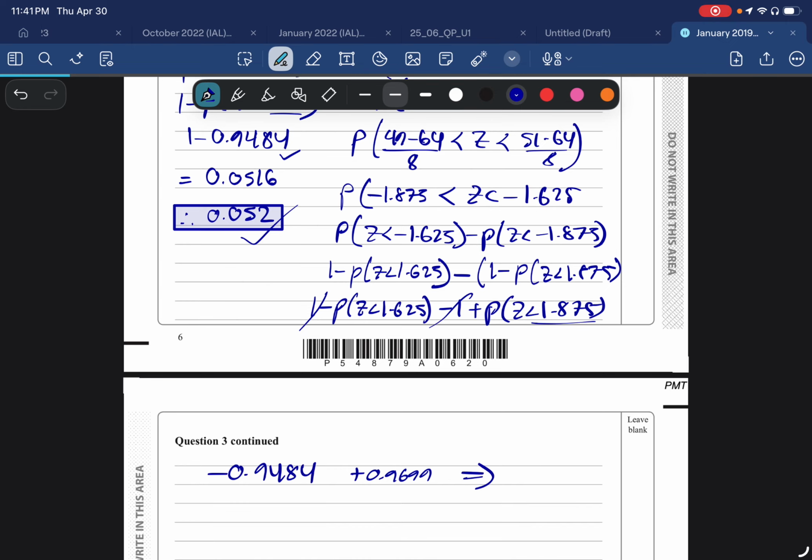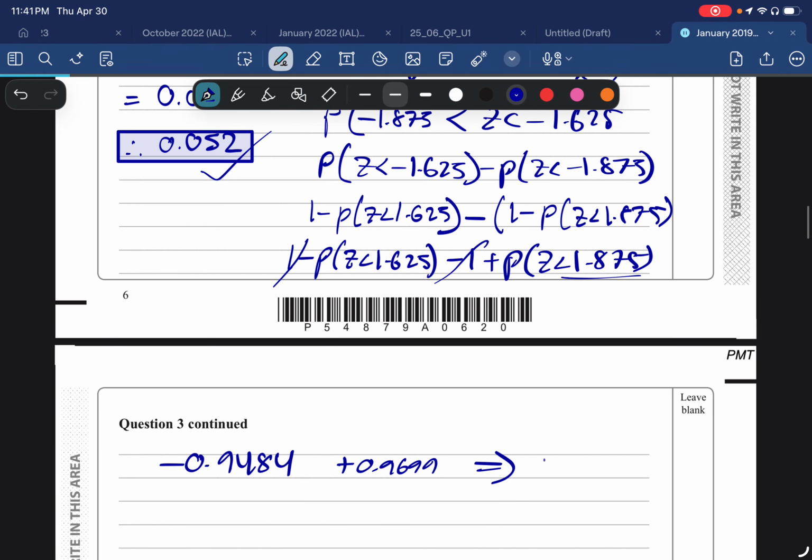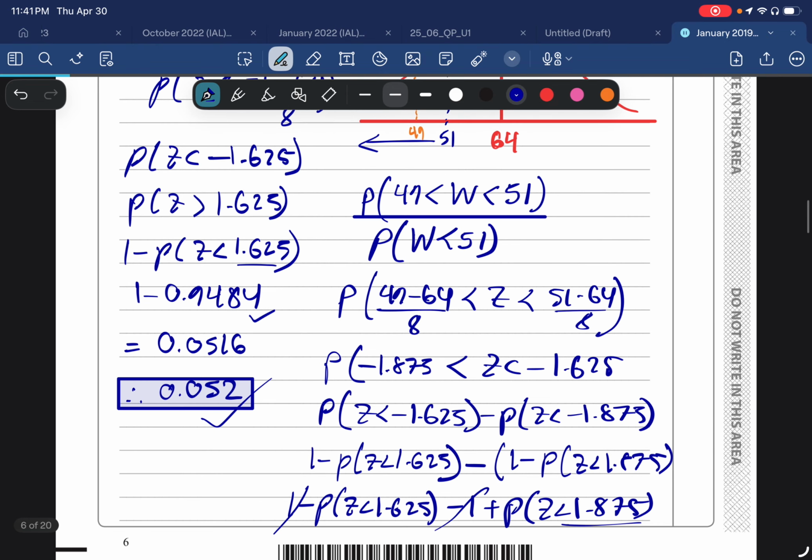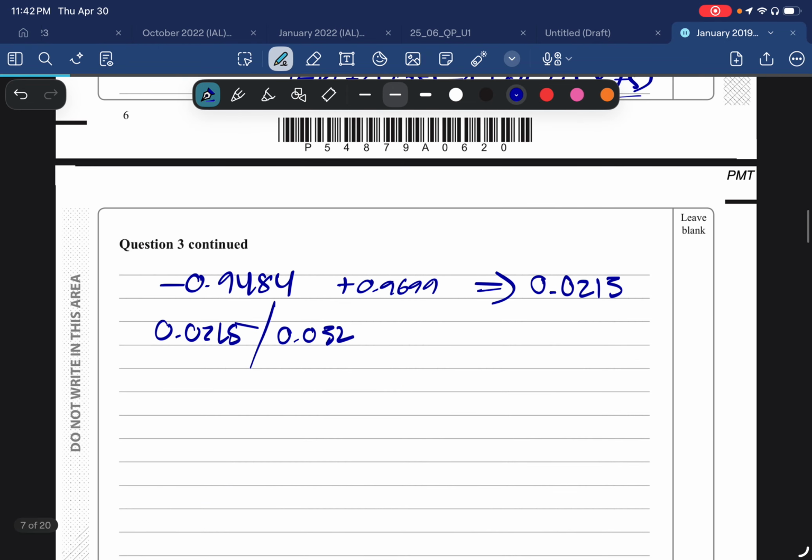What does this give us? 0.9484 plus 0.9699 gives 0.215, and that's going to be divided by our 0.52, which was the condition that it is less than 51.